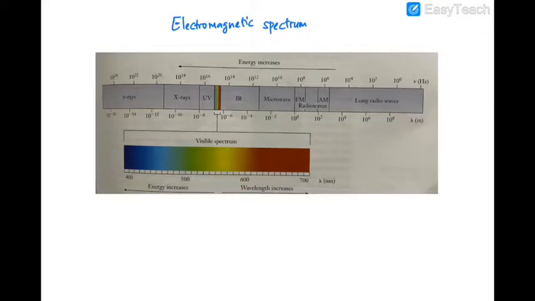The wavelength here is 400 and here is 700. So wavelength, which is lambda in symbols, correlates reciprocally with the energy. The higher the energy, the lower the wavelength, and of course vice versa.